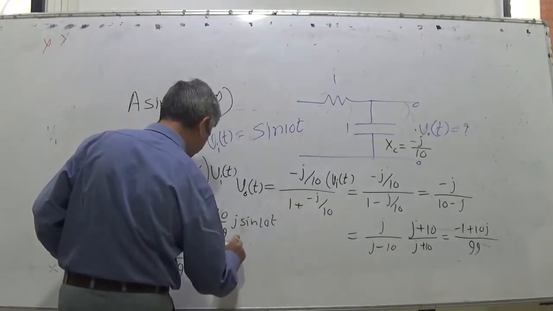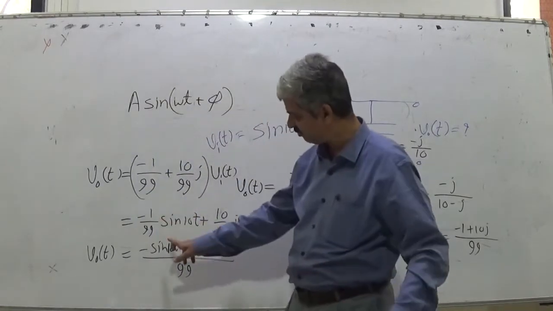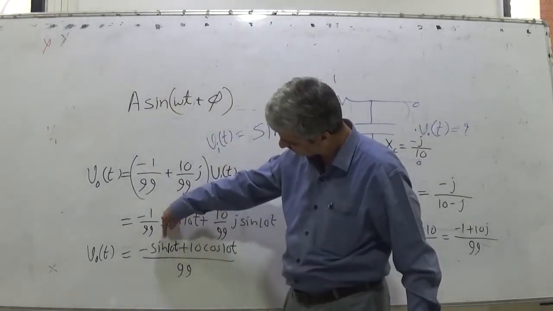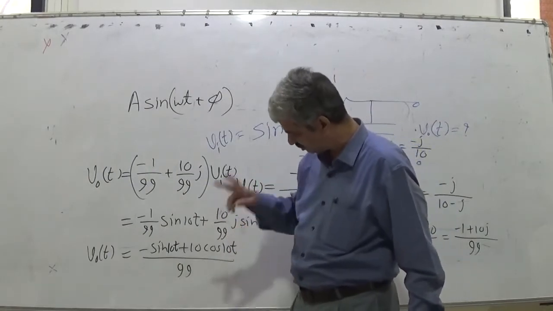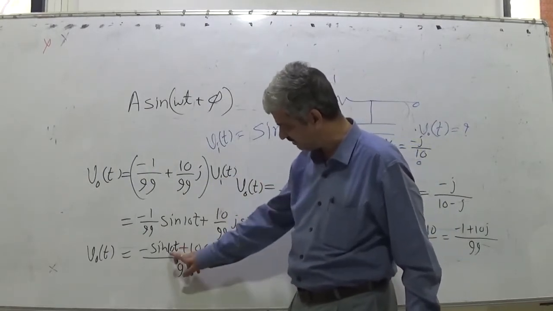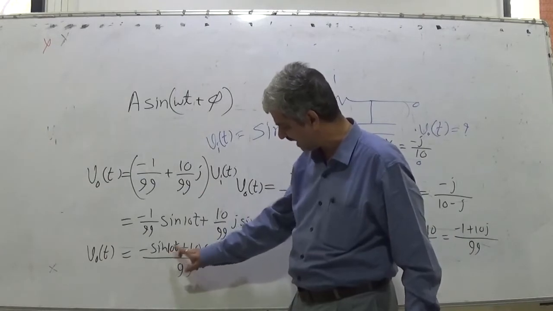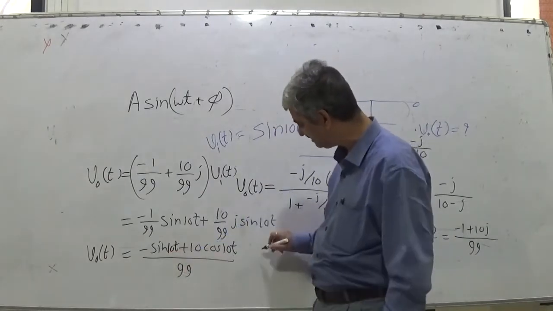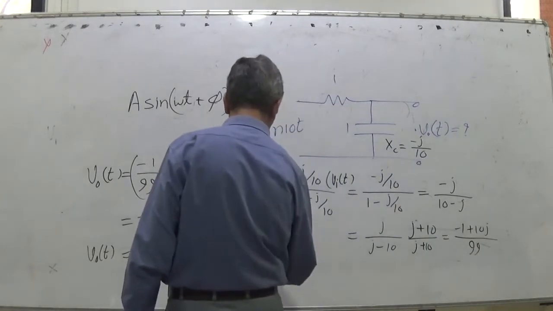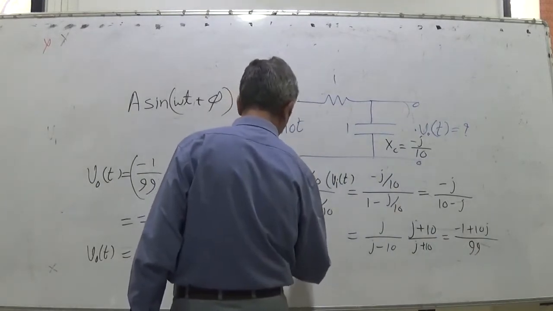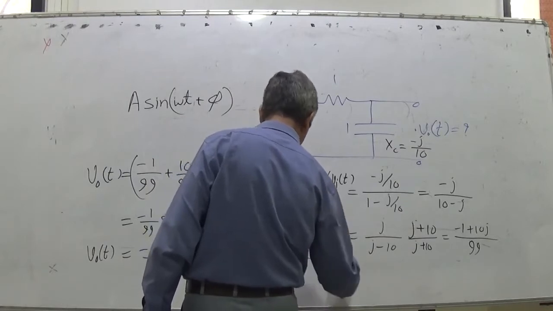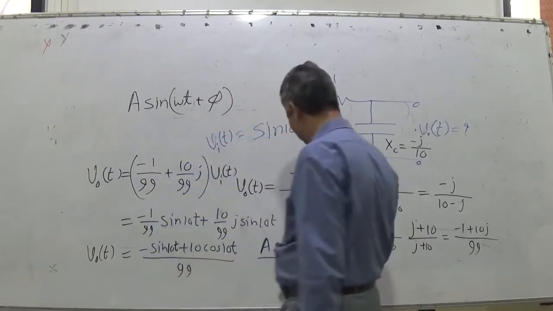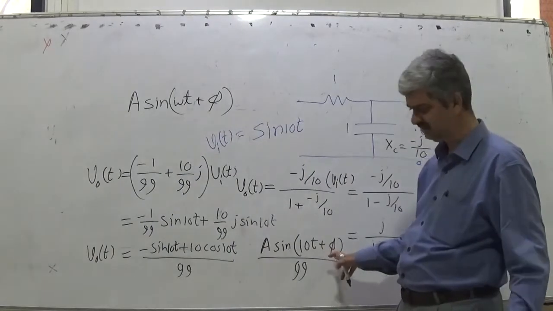So it is a summation of minus sin 10t plus 10 cos 10t, sinusoids of the same frequency, that is angular frequency omega equal to 10, added. This will obviously be something, a sin of 10t plus phi upon 99. What exactly a and phi are is not so important.